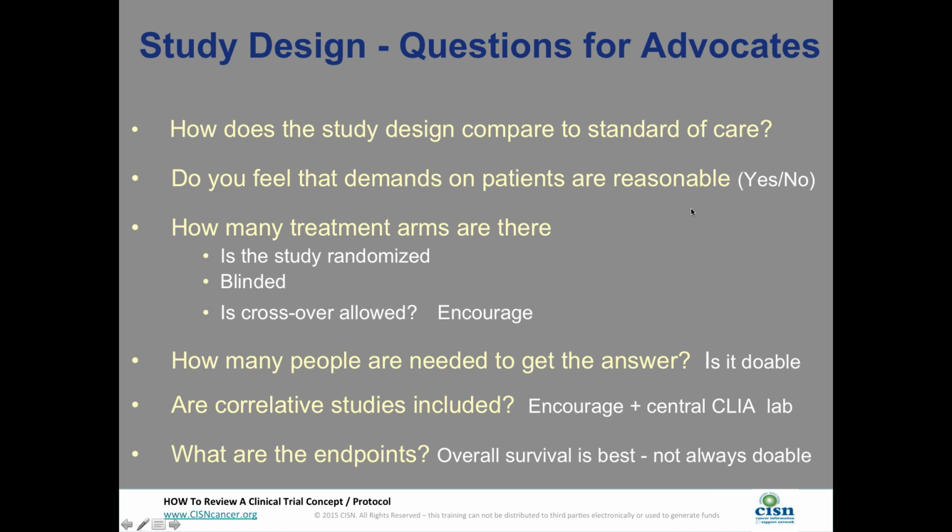Do you really need that third MRI? Is that extra visit, can you combine that MRI with their doctor visit where they're getting chemo? Can you combine some things to limit the extra visits coming in? So these are questions that you'll be asking all through the study design section.